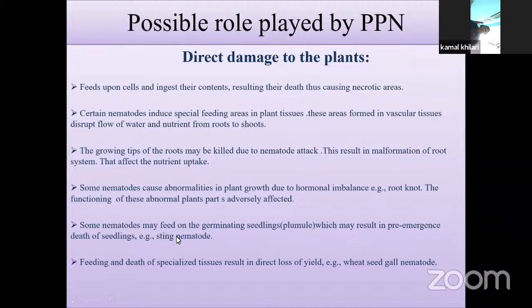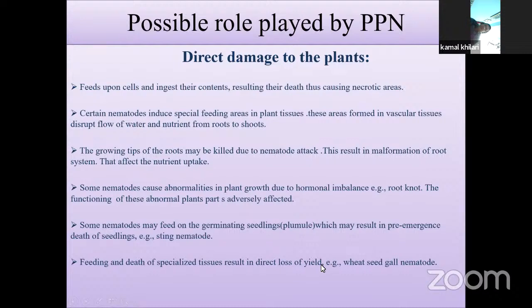And then some nematodes may feed on germinating seedlings, the plumule, which may result in pre-emergence death. If there is damage to the seedling, there may be death of the seedling, so ultimately there is a loss of the plant. And then feeding and death of the specialized tissues, resulting in direct loss of yield.